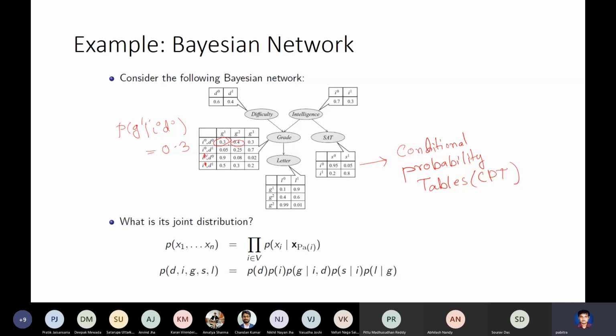Note one thing, that each row of this CPT adds to 1, whereas the columns need not add to 1. The rows add to 1.